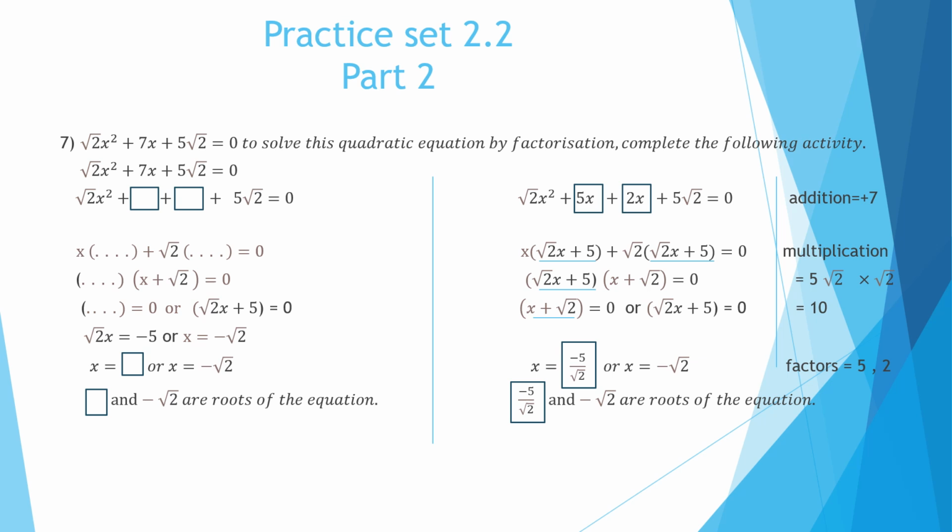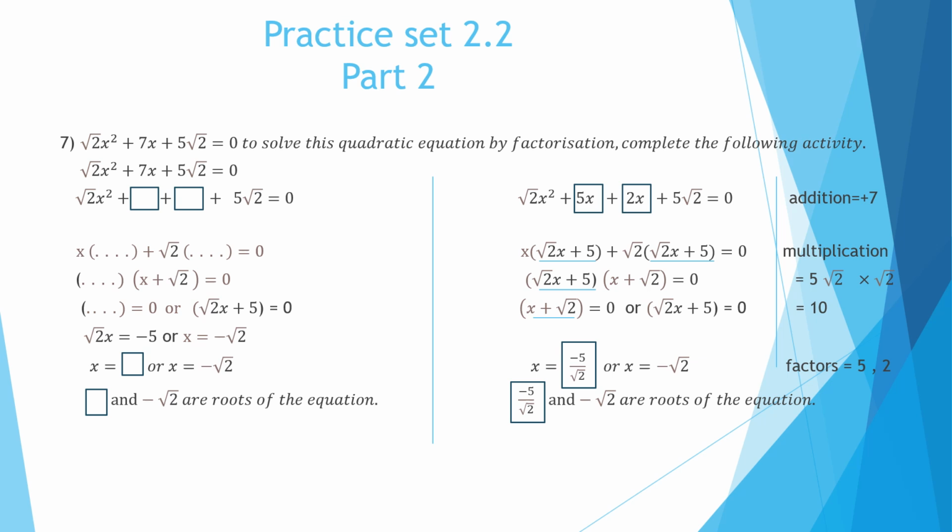So we write here root 2x square plus 5x plus 2x plus 5 root 2 is equal to 0. So the value of first block is 5x and the value of second block is 2x. Next, in next step we find the common factor.